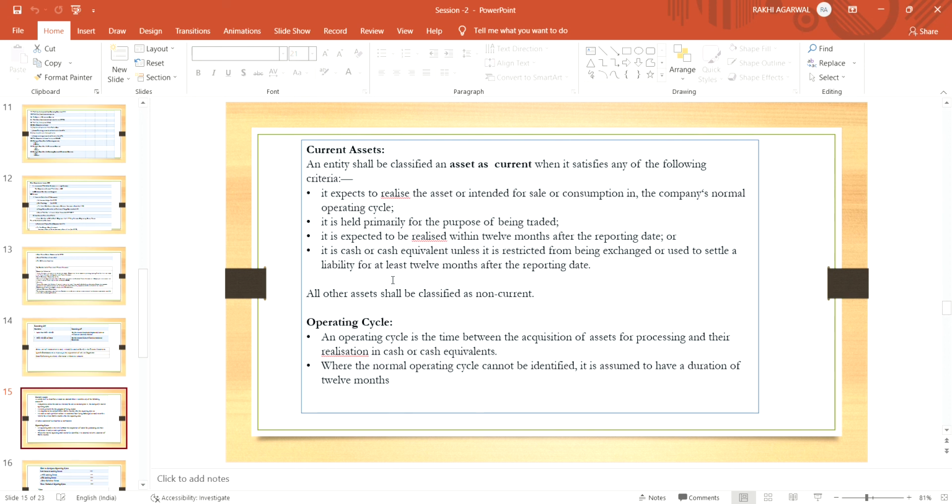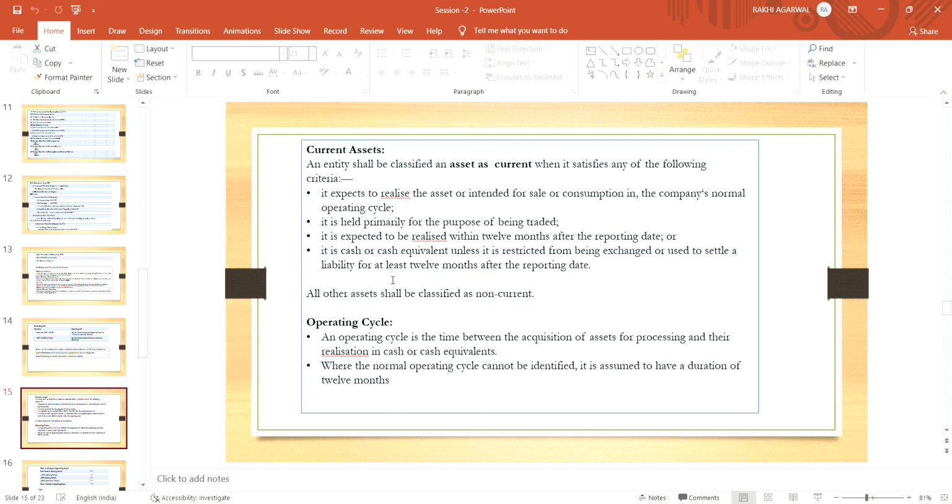Now, what is operating cycle? Operating cycle is the time gap between the acquisition of assets for processing and their realization in cash or cash equivalents. Means whatever time is required for acquiring the asset, for its processing and its realization in cash, that time is the operating cycle.